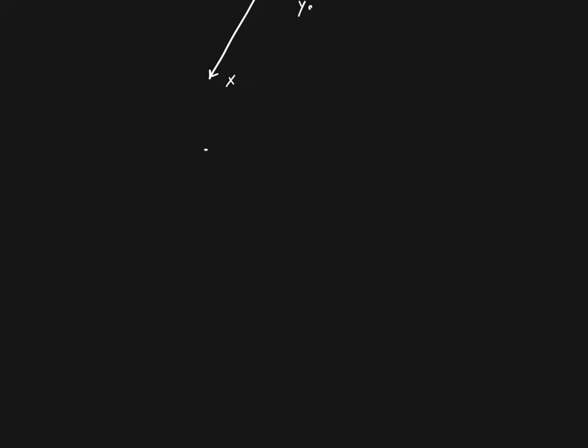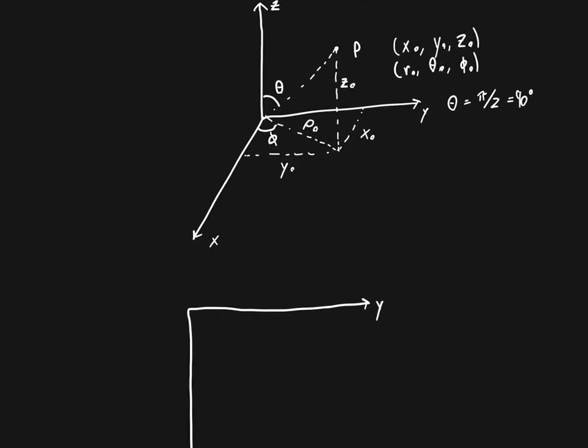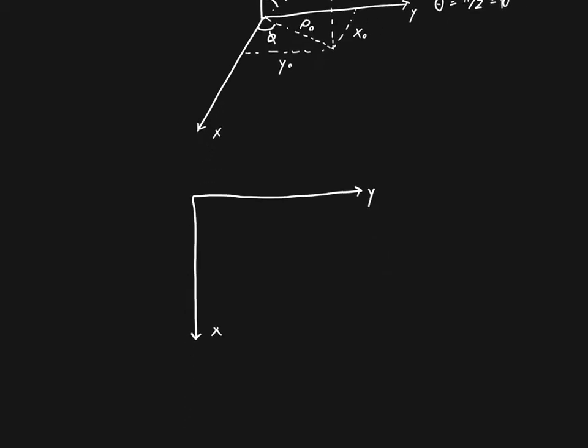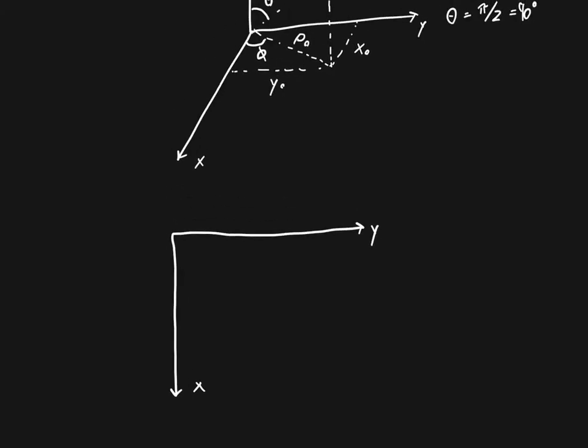So if all we care about is the xy plane, I'm going to draw it in a way that you're probably not used to, but it sort of corresponds to the way that I've drawn it above. So imagine we're looking at this 3-dimensional coordinate system from above. We see our y coordinate pointing off to the right and our x coordinate pointing towards us, or here I've drawn it as pointing down. And again, we've got this line rho.